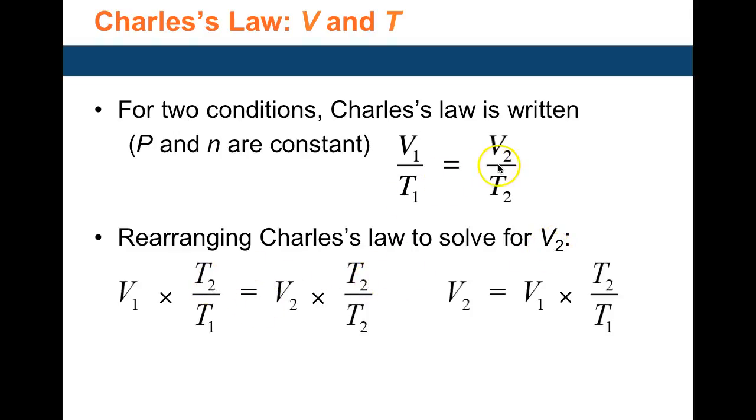If you want to solve for V2, you have to multiply both sides by T2. So V1 T2 divided by T1. If you multiply here by T2, they cancel. And so V2 takes the form V1 times T2 divided by T1. If you're solving for V1, then multiply both sides by T1. So it will be V2 T1 divided by T2.